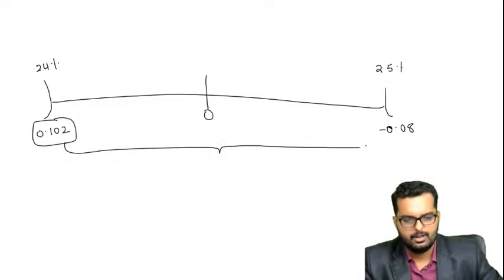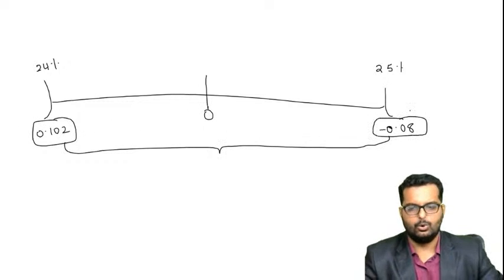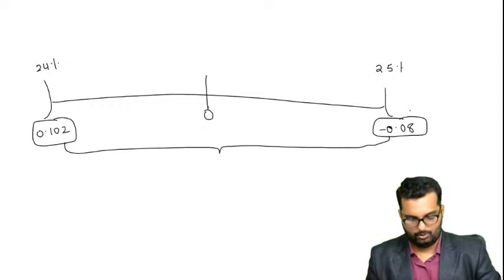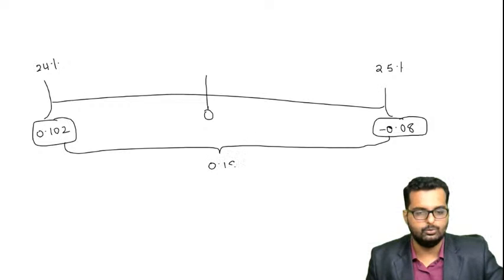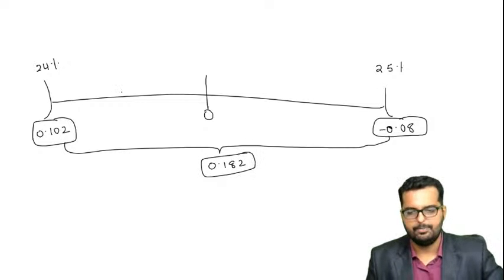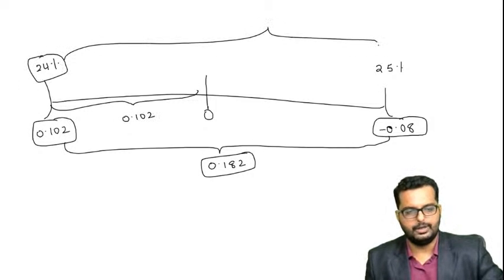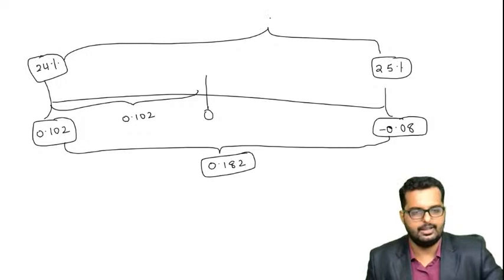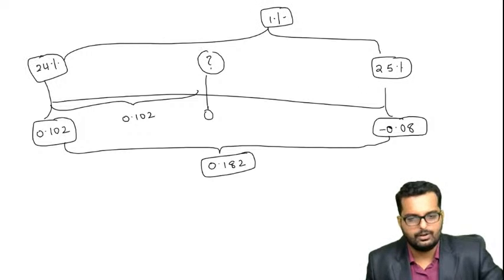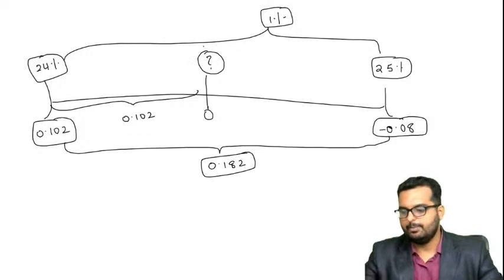From here till here, the total distance traveled is 0.102 plus 0.08, that is 0.182. But from here till here, it is only 0.102. Friends, 24% to 25% is actually having a gap of how much? 1%.